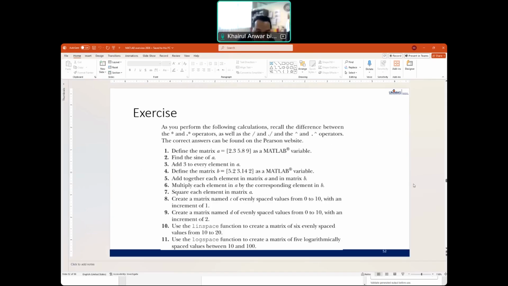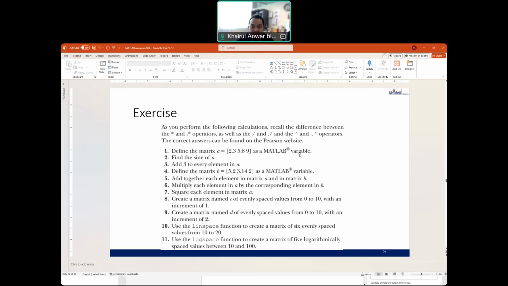So if you perform the calculation, we call the difference between the dot is the operator, as well as the dot slash division, dot division, and dot exponentiation operator.